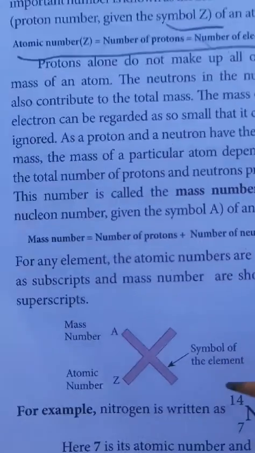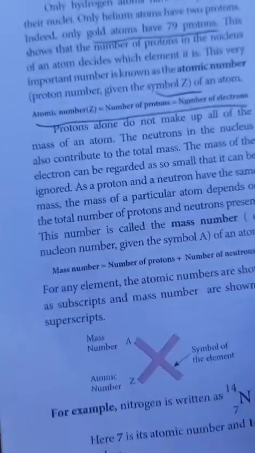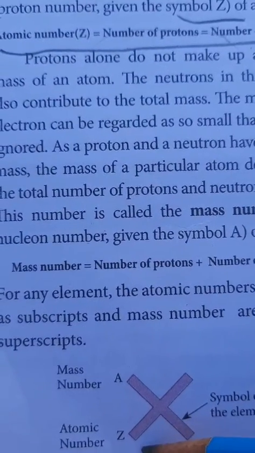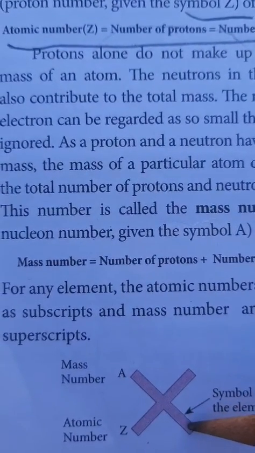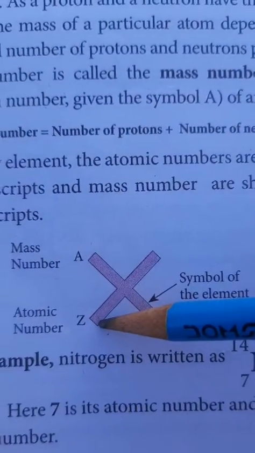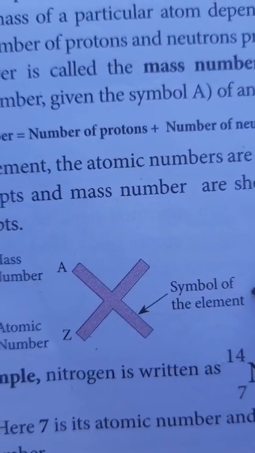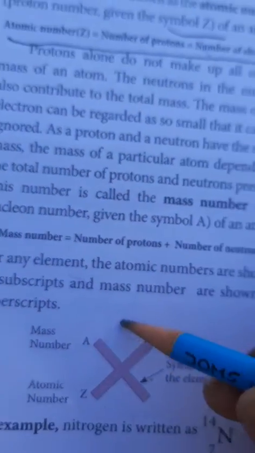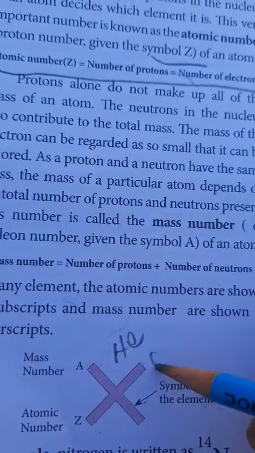Listen carefully, students. Mass number and atomic number. This is the position of the mass number and this is the position of the atomic number, for elements like helium, oxygen and hydrogen.